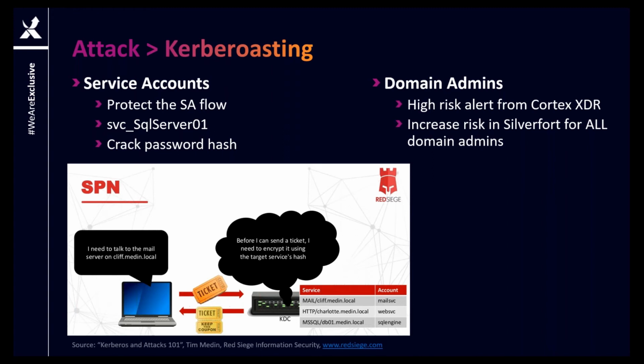That's the idea we had: if we see something suspicious on the network, let's increase the risk for all domain admins, which means that they will have to do MFA when they connect somewhere. It's a mechanism of prevention that we alert on, so we can protect our domain admins with MFA using the Silverfort solution.